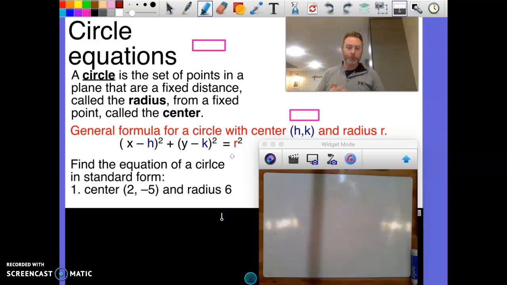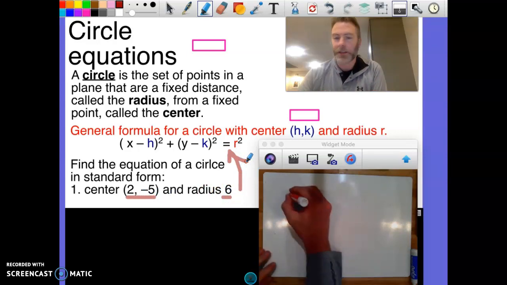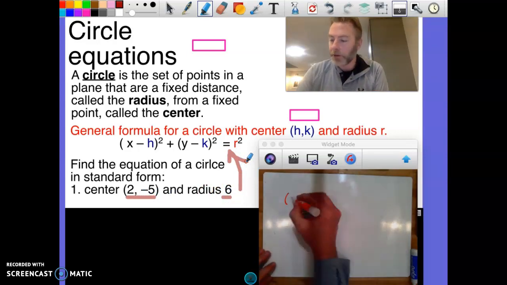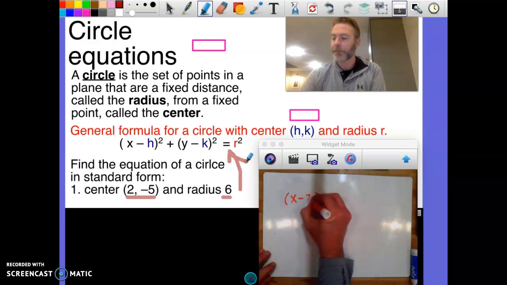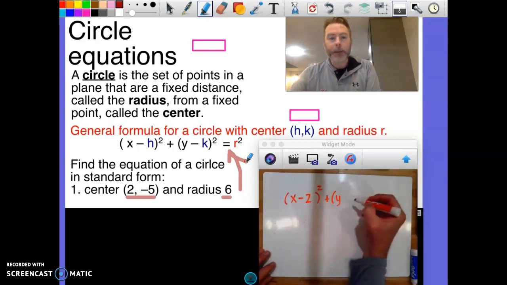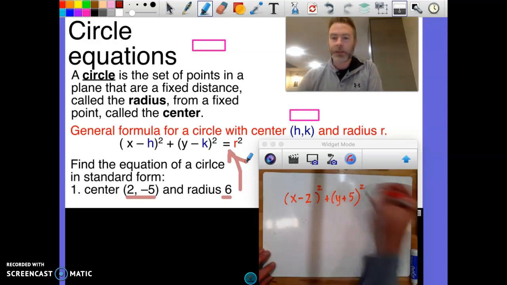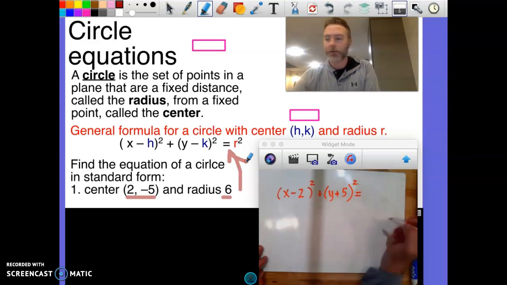So our first job today is to find the equations of some circles given some of these features. We're going to start very mild here. The center's at 2, -5, and the radius is 6. We're going to plug these values into the equation. This is called standard form. We go x minus 2, squared, and then y minus negative 5, so we're going to add 5, squared, and that's equal to our radius squared.